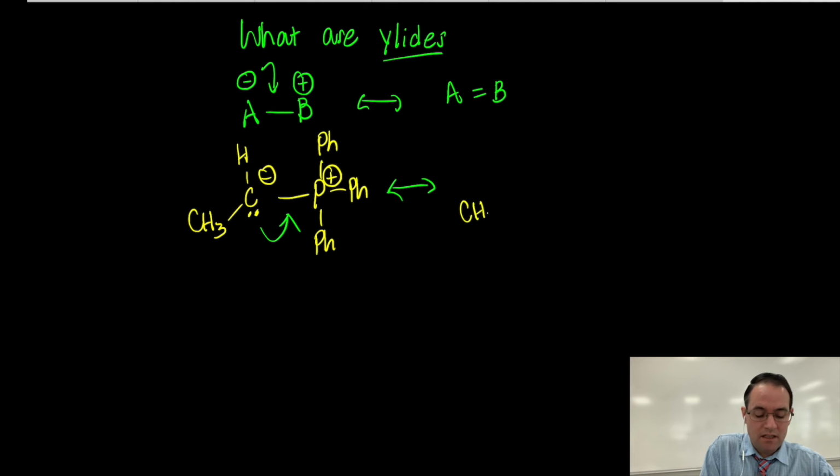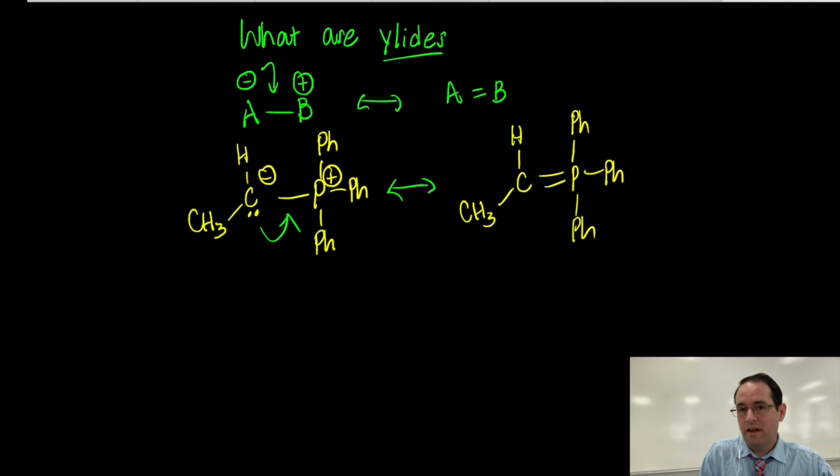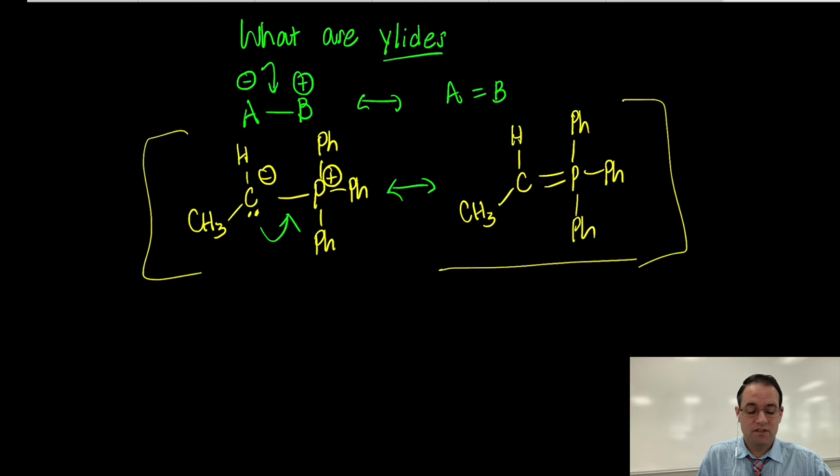And we form a double bond between the carbon and the phosphorus. And here you can see how phosphorus exceeds the octet. That apparently is okay because phosphorus can expand its valency to include d orbitals in extra bonding to make more bonds. So this right here on the right, it has a double bond. It has no charges. Okay, but these are resonance structures. So this is what we call an ylide.